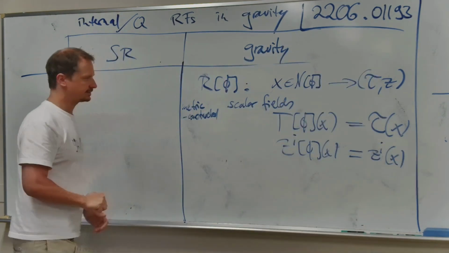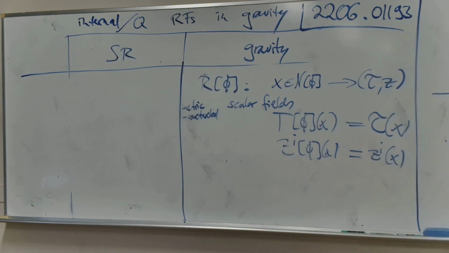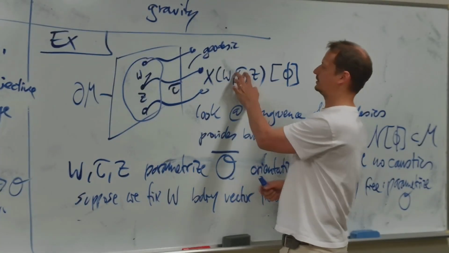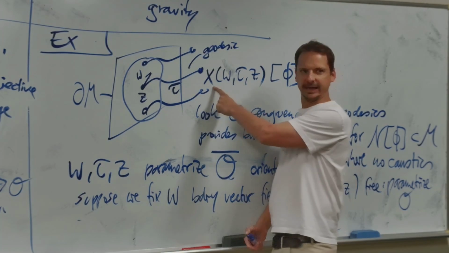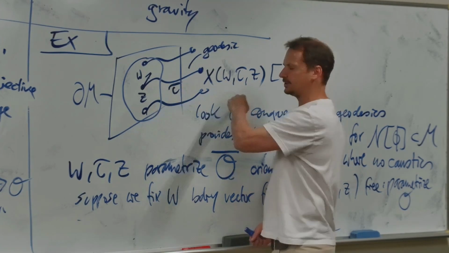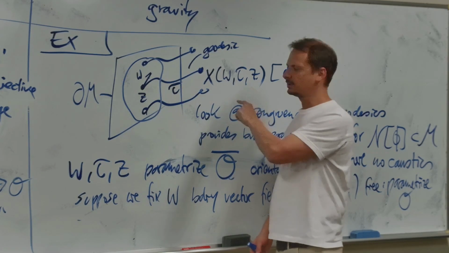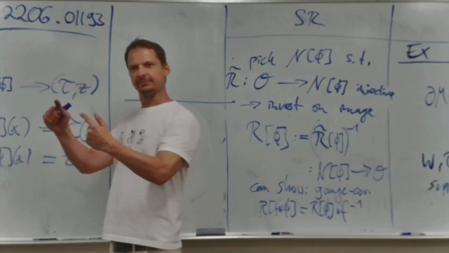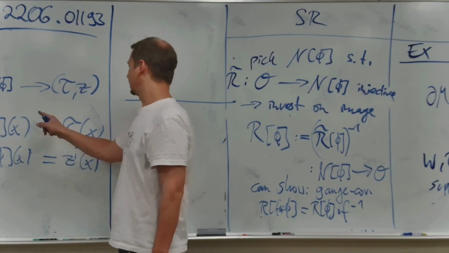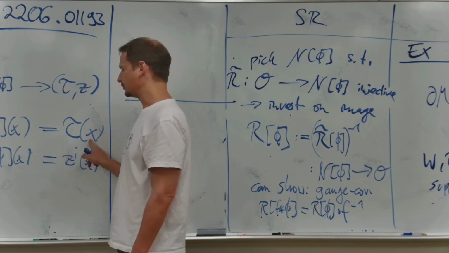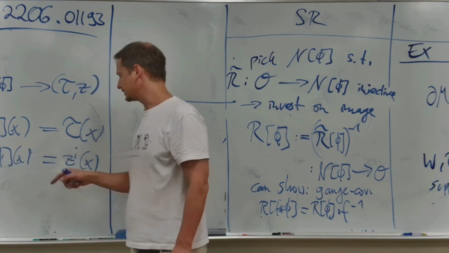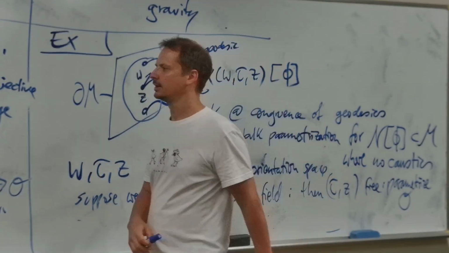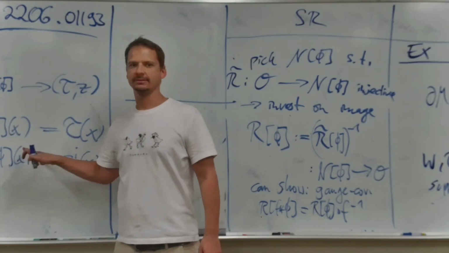What I mean by this is that for a fixed field configuration, a specific tau z will fix an x. Okay, the relation will change as I change the field configuration. So really, what I'm doing is I'm just inverting it, so you can show that the map, the inverse to the bulk points, associates the tau that for that field configuration is associated with x, and these guys associate the boundary anchor point coordinates with that bulk point for the given field configuration. These are scalar fields.